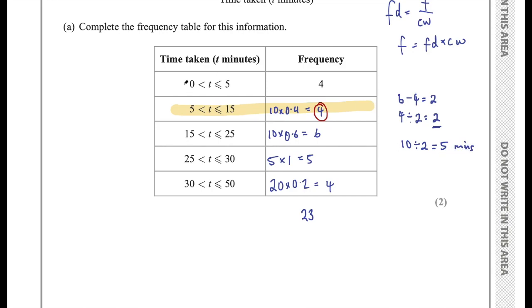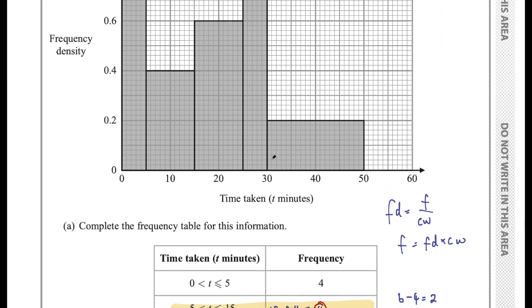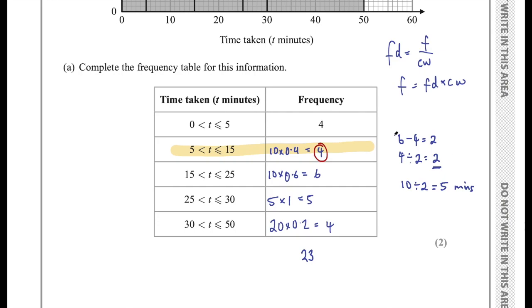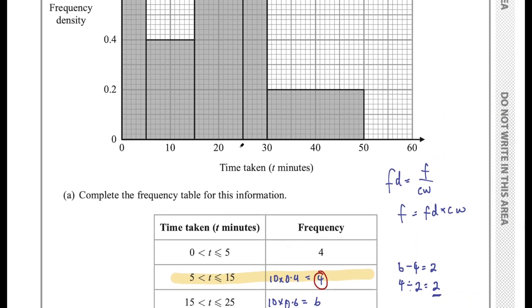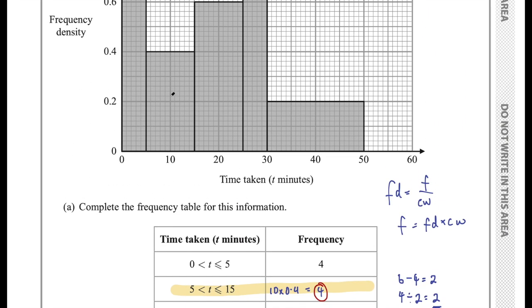And we add that on to the cumulative time. So the first interval is 5 minutes, and we add another 5 minutes. That's the lower quartile. Possibly an easy way to do this is just to use the histogram. We've got 2 students left over in this interval, so we halve this bar.